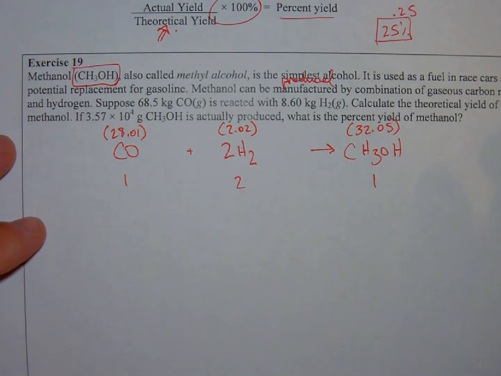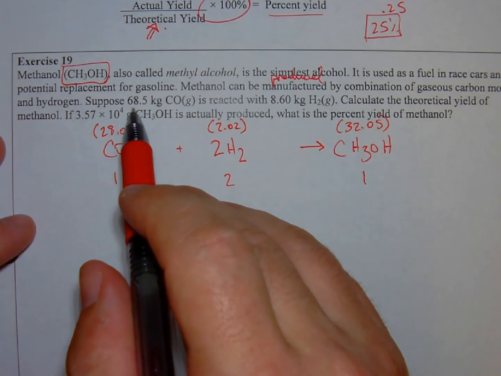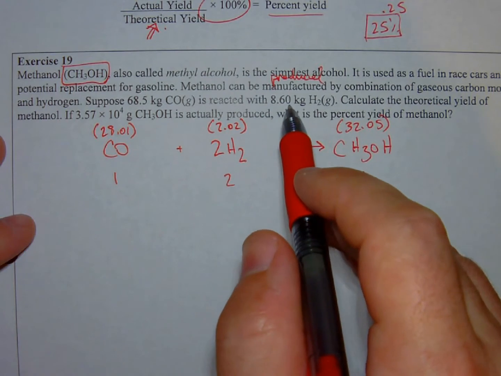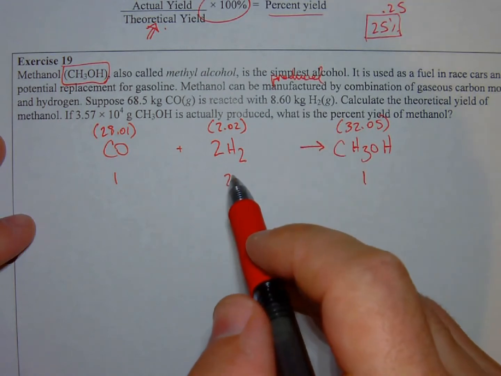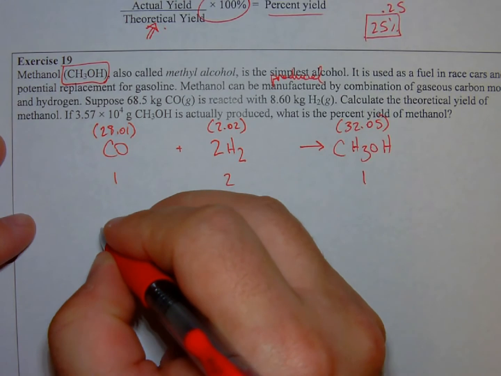Now let's read the rest of the question. Suppose that 68.5 kilograms of the carbon monoxide is reacted with 8.60 kilograms of the hydrogen. Again, I'm going to put this into grams because I don't like working in kilograms personally.